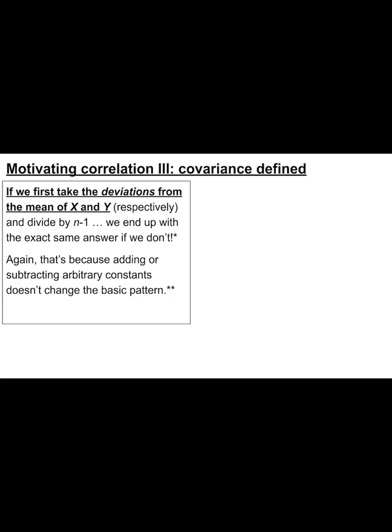So that's a really good sign, right? If we have these two different variables that represent having an arbitrary constant added, that change our original variables, and we use this measure here, the covariance, on the original data set and then the second data set, we're going to get the same answer.